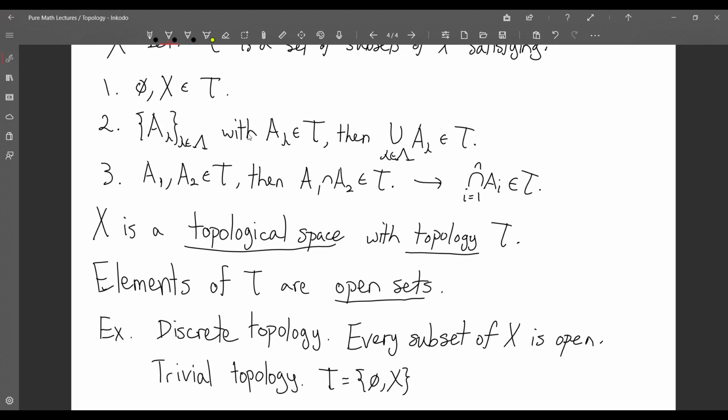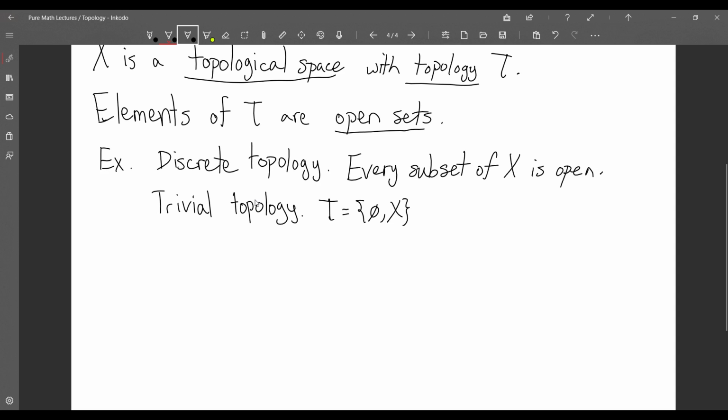And this satisfies properties 2 and 3 because the unions of empty sets are going to be empty sets, and if you have an X in there, then that union is just going to be X. And then if you intersect an empty set with anything, you're going to get an empty set, and if you intersect an X with an X, you're going to get an X, right? So this is also a very simple topology. Again, not very mathematically important, but it is an example nonetheless.